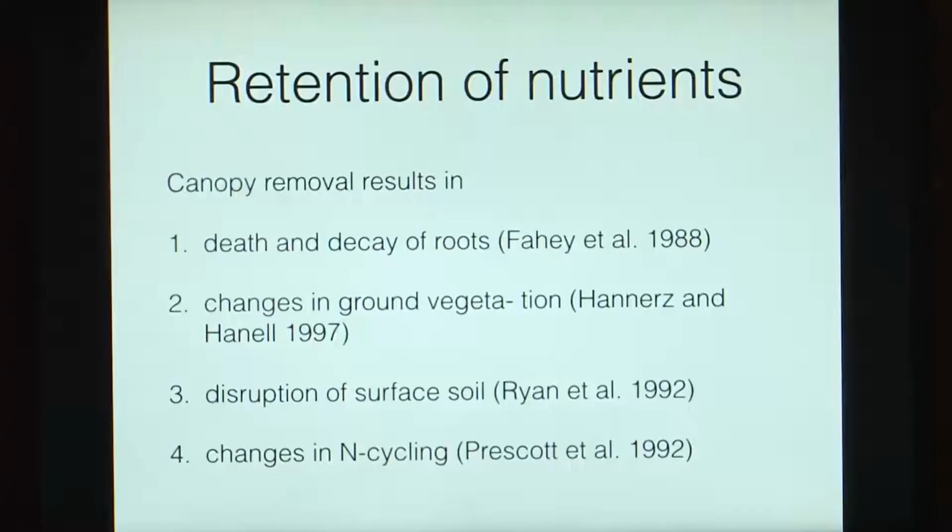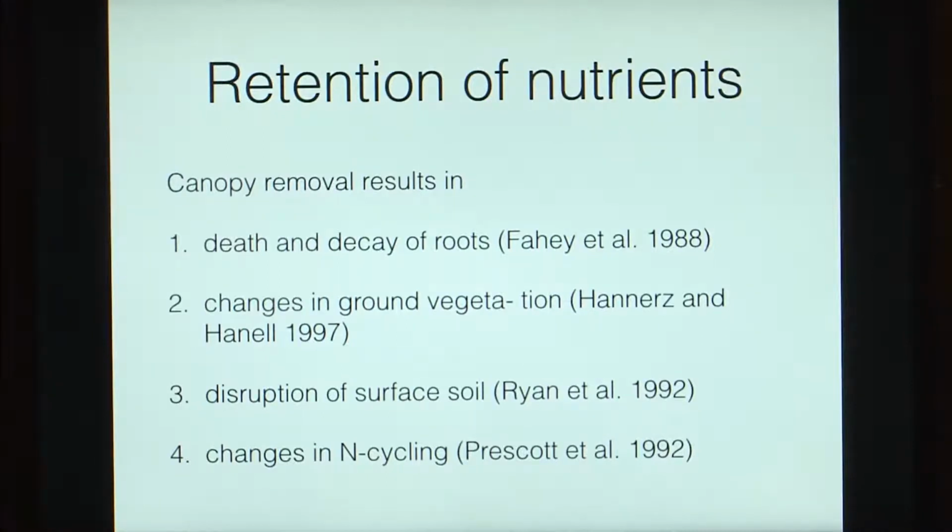So, now coming back to the slide. We have seen that canopy removal results in changes in ground vegetation. It also results in a disruption of surface soil. Now, why would the surface soil be disrupted? Because now this surface soil will not have enough moisture, it will be exposed to the sun rays.